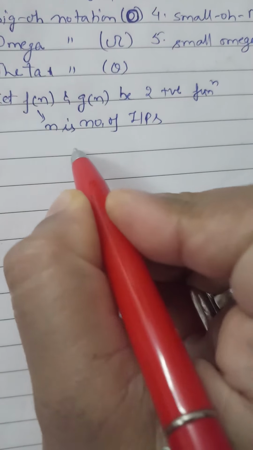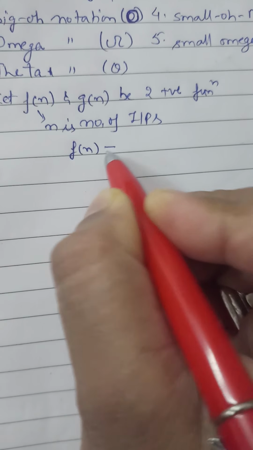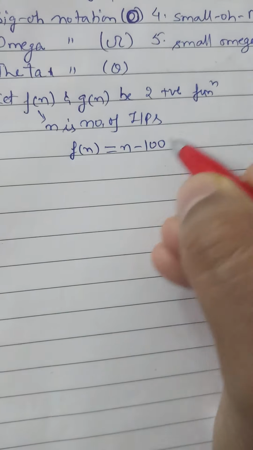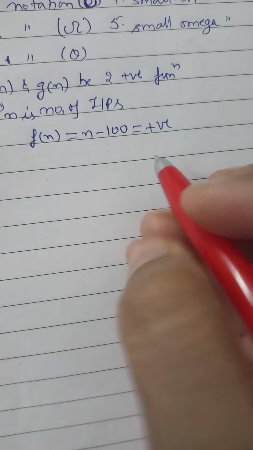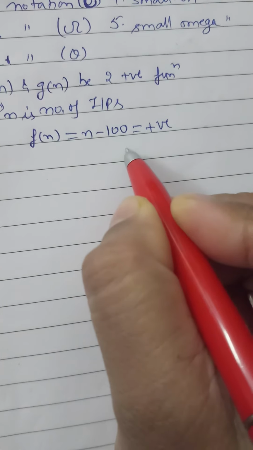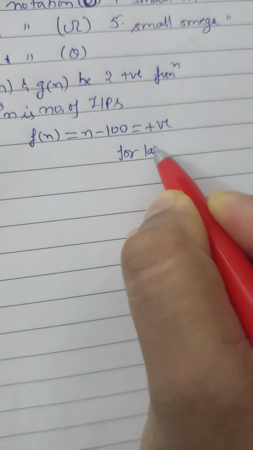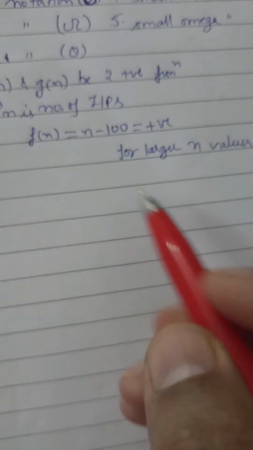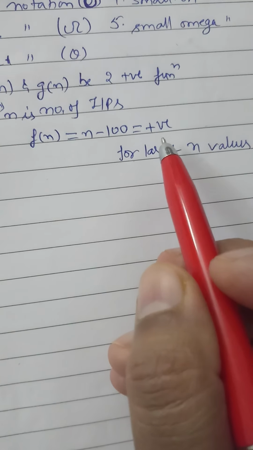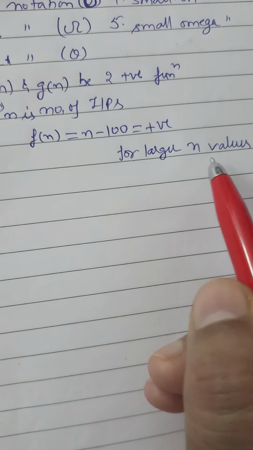So F(n) is equal to n minus 100. If we get a positive value, then we can say for larger n values, n minus 100 is positive.